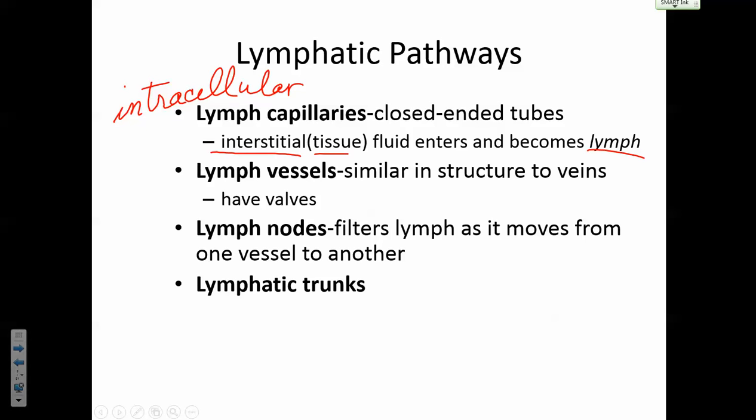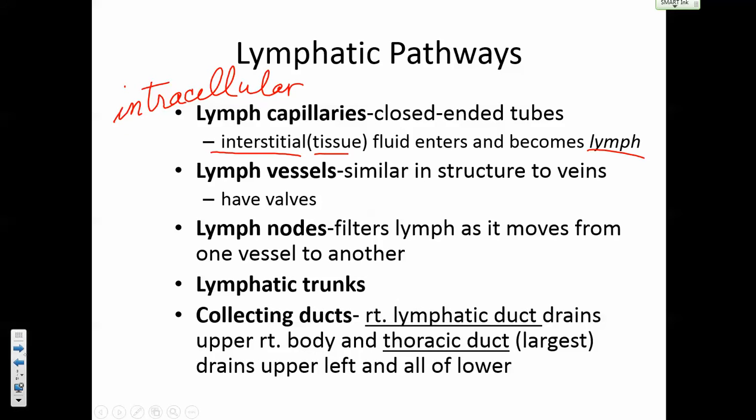Ultimately, it flows into fairly large lymph vessels called lymphatic trunks. And then they, in turn, move the lymph into the largest of the lymph vessels, called collecting ducts. You have a right lymphatic duct, and the thoracic duct is the largest of the two.